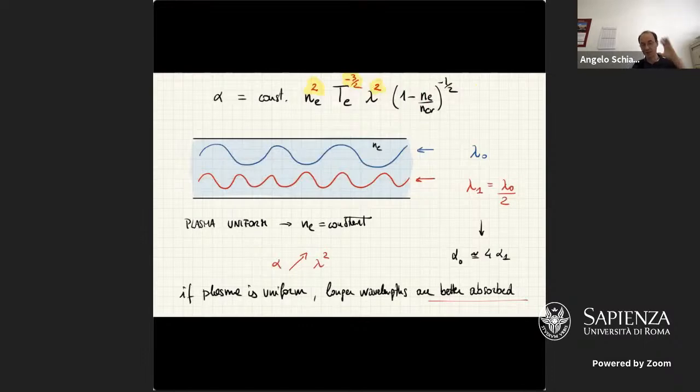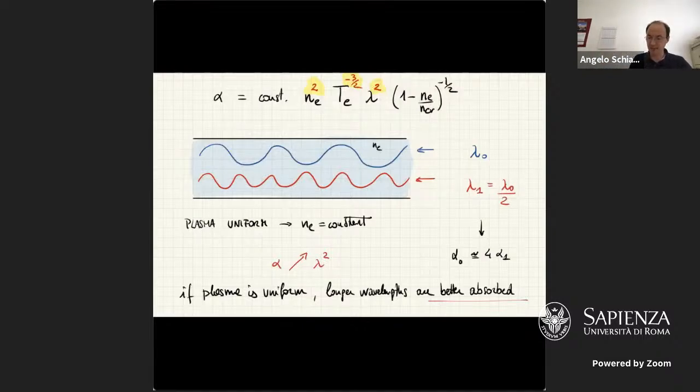But this is one choice. But actually for ICF condition, we face a completely different situation where we do not have a uniform plasma. And we want to couple energy to a very sharp density gradient plasma.